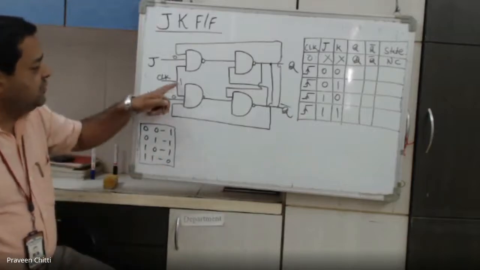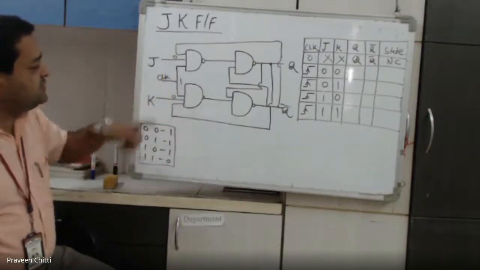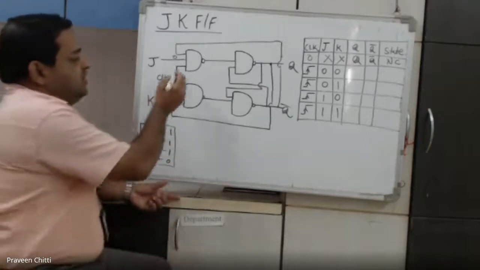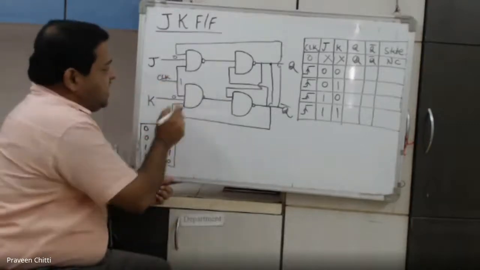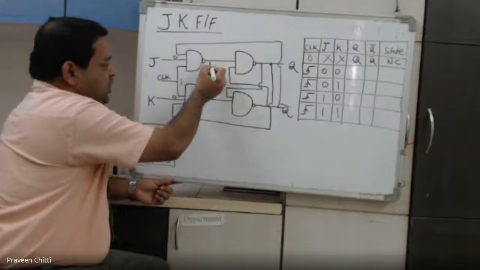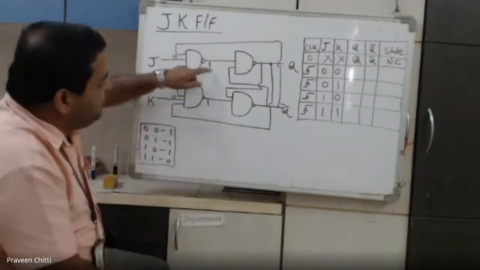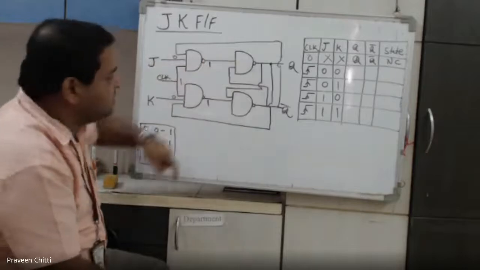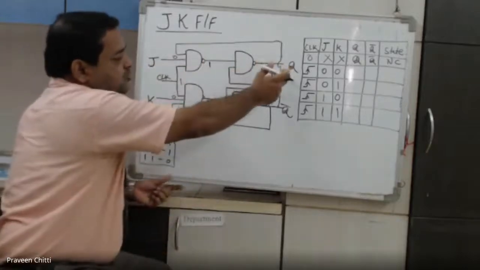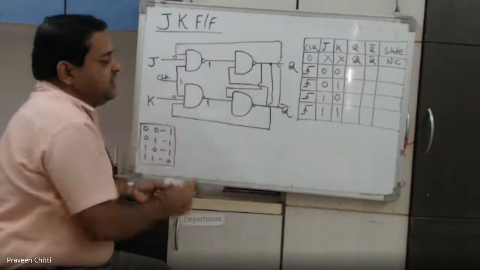So when you apply clock 1 and if J is 0, 0 input at the NAND gate forces its output to 1. This also becomes 1. And when we have 1 input to the NAND gate, we will not know its output unless we know the other input.